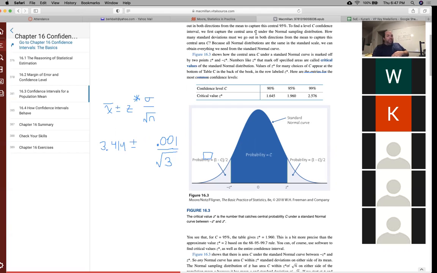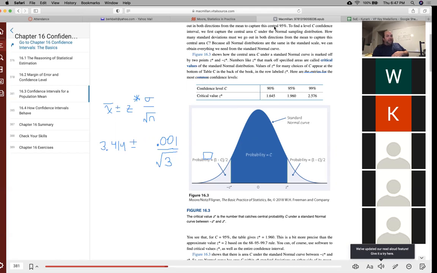Now, last time we went over why these numbers are the way they are. So let's recap for the 95% case, and that's just our example. By the way, this is going to be 1.96, just to keep it separate. So the reason why it's 1.96 can be seen from this diagram right here.